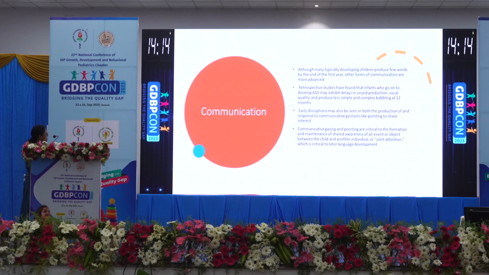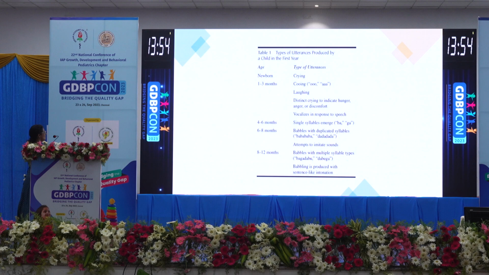They produce less simple and complex babbling at 12 months. These early disruptions may also be seen in both the production of and response to communicative gestures. So we have what is called communicative gazing, pointing, joint attention. All this develops in the first year of life.